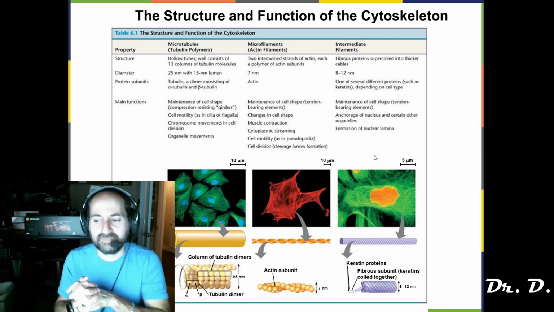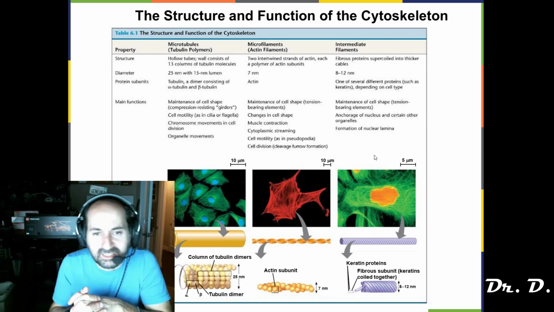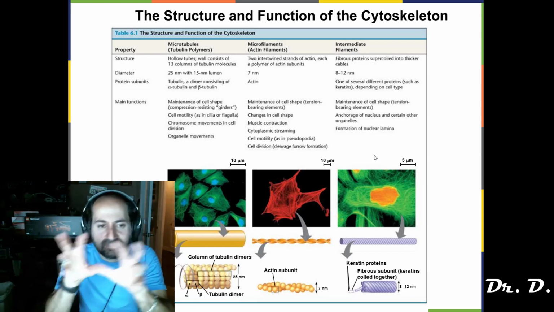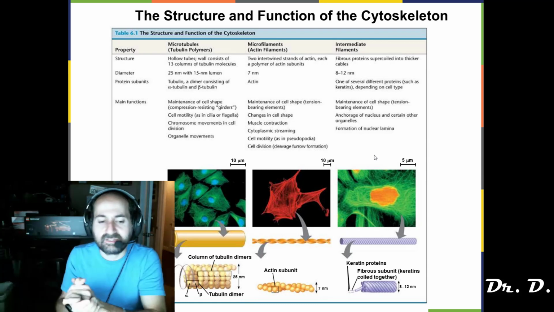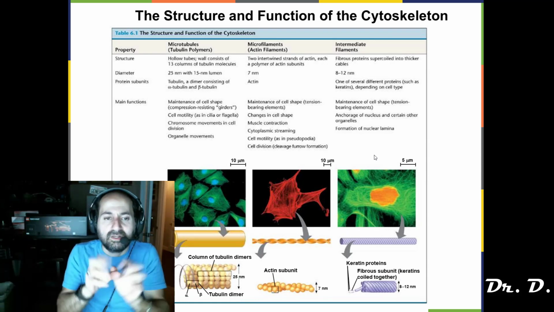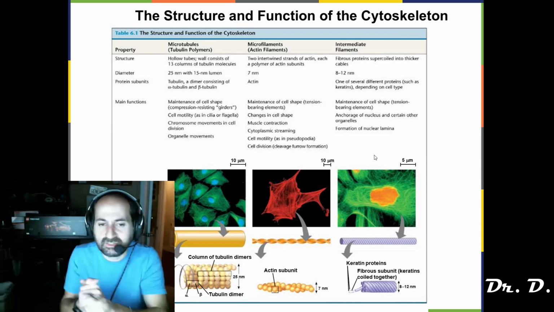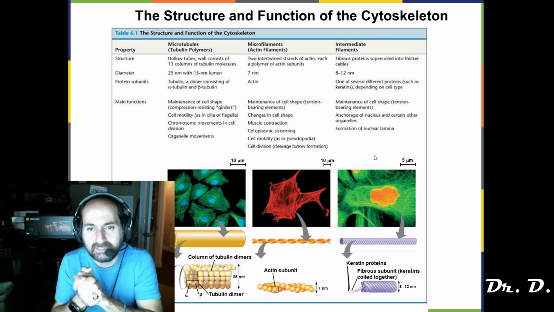Well, the intermediate filaments are not involved in any of that. The intermediate filaments are mainly for anchoring things in place, like the mitochondria and other organelles, giving structure, support, and anchorage to things. That's pretty much it.